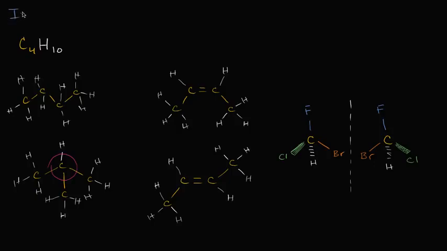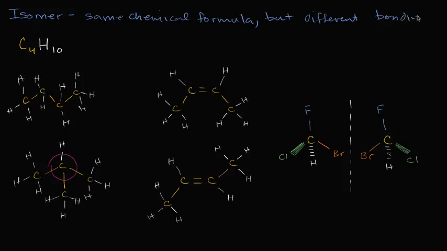So an isomer has the same chemical formula, but could have different bonding, or shape, or orientation.